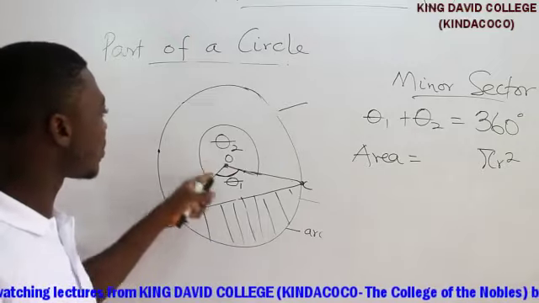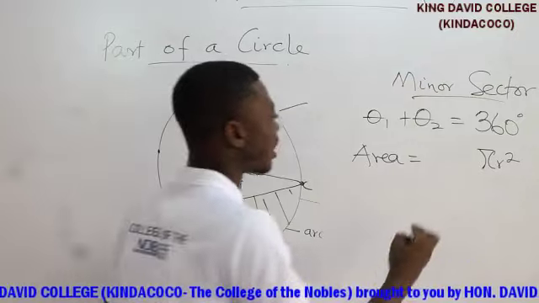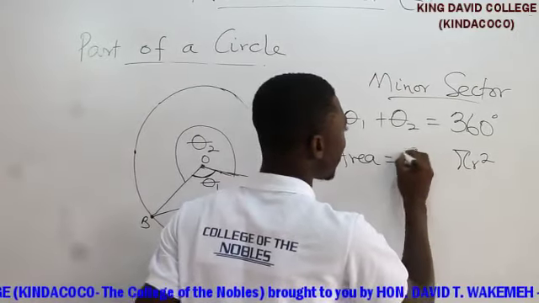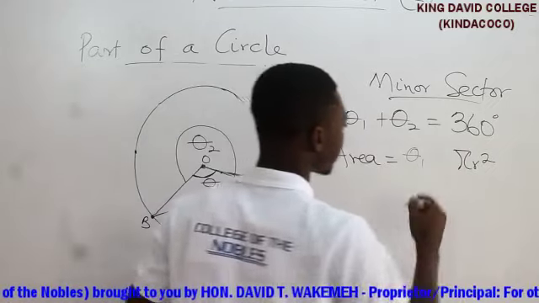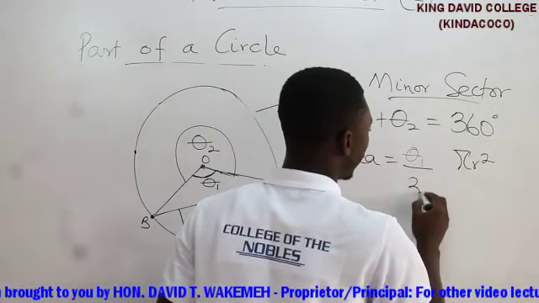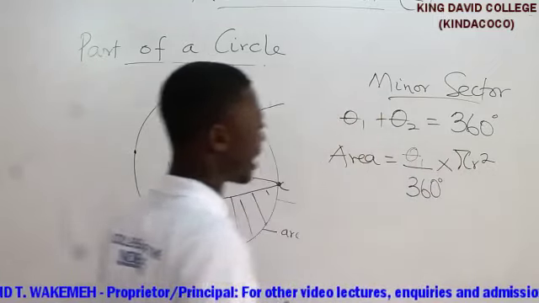So if you want to find the area of this minor sector, you are going to use theta 1. So it's theta 1 divided by the whole angle, which is 360, times pi r squared.